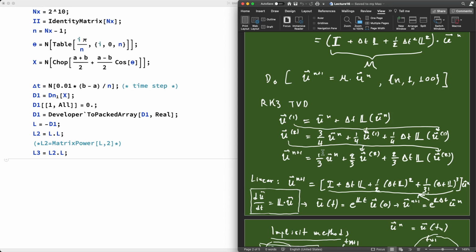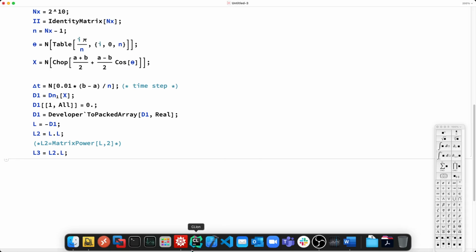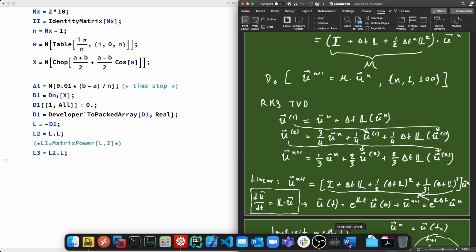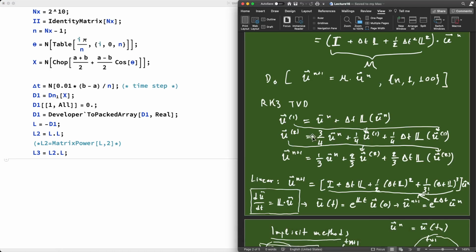Because it's a linear equation, we can combine these steps into one, so we can construct this matrix and store it. And so let's do that for simplicity. Again, you can only do this for linear equations. In general, if it's a non-linear equation that you're solving, then you should code it up exactly as you see it here. Literally, this is all you need to code up.